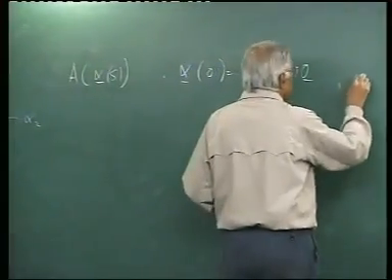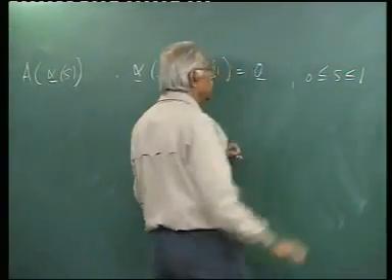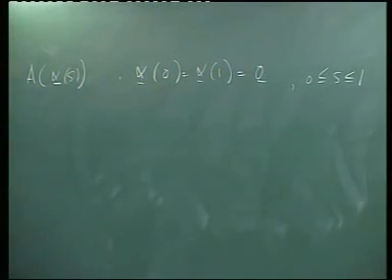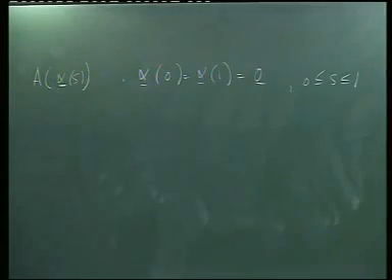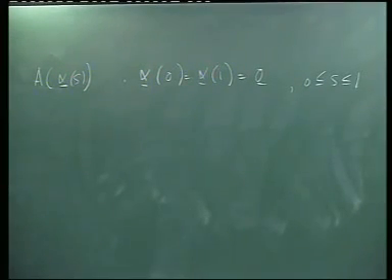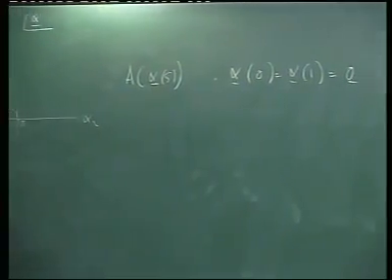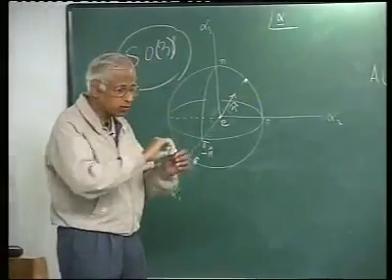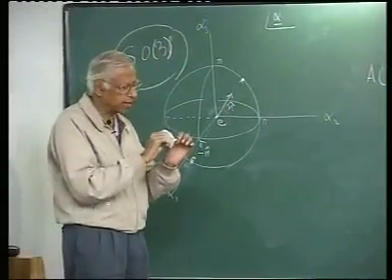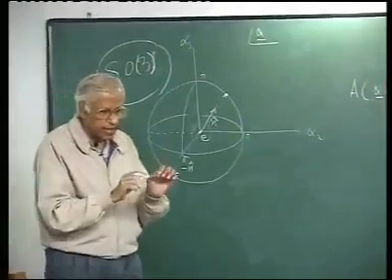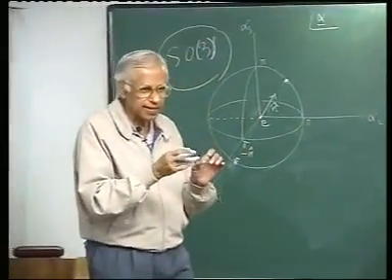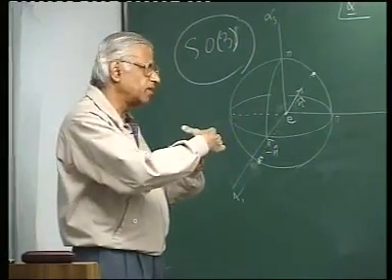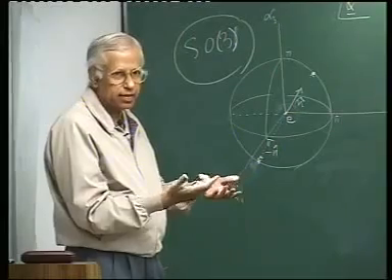So it means the parameter runs from 0 to 1, let us say, and it begins at unity and ends at unity. Now, suppose I have one such loop at the unity, and suppose I have another loop at the unity, 2 loops, both starting and ending at the unity. If in a continuous way, without cutting, scissoring, and so on, one loop can be deformed into the other, we say they are equivalent.